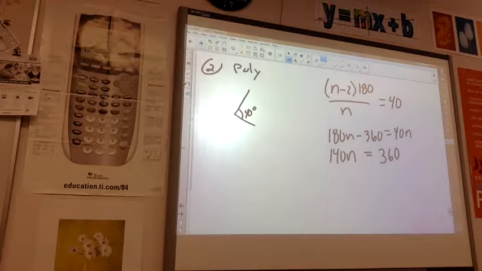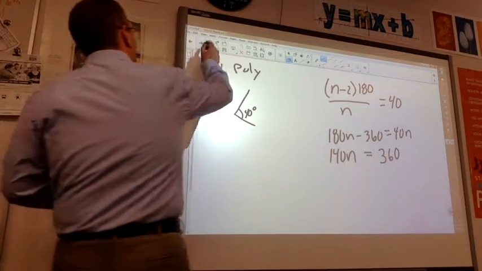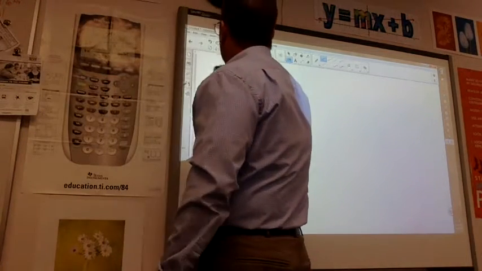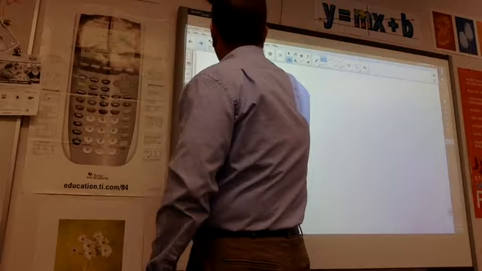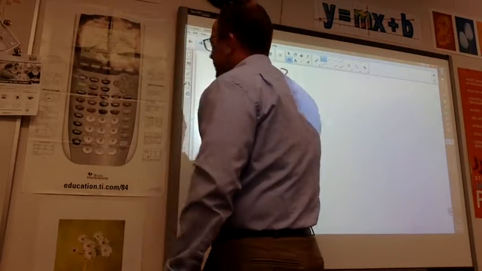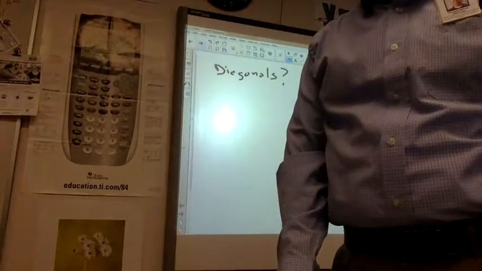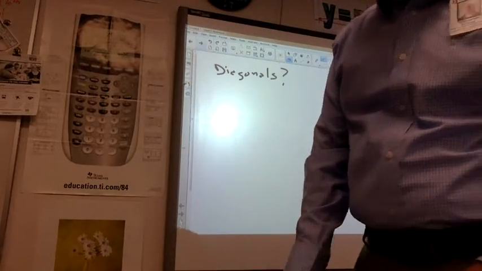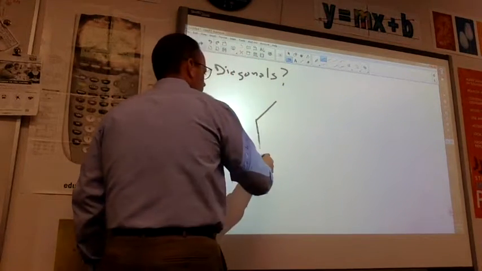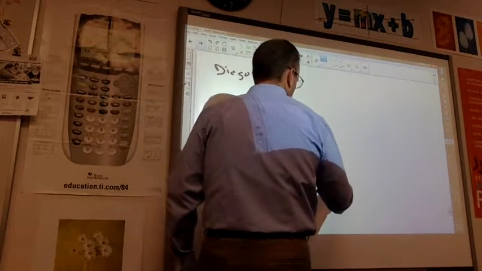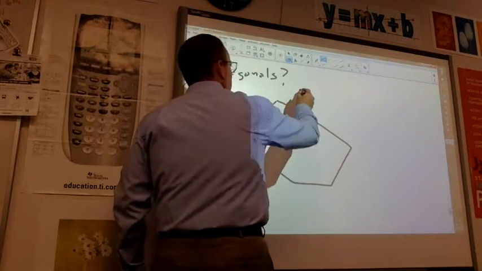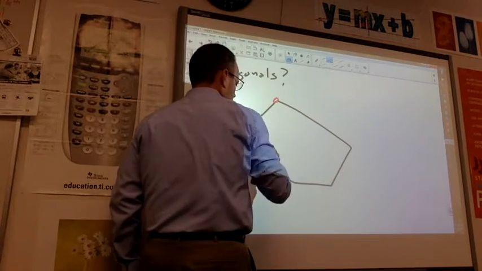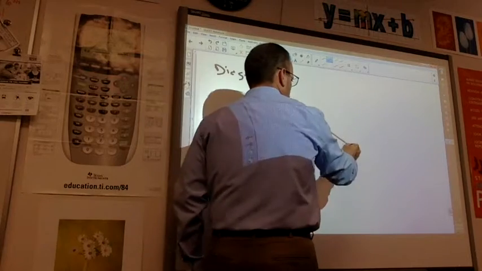Diagonals. What was the diagonals? Which one are we looking at? Hexagon. All right, so I have 1, 2, 3, 4, 5, 6.